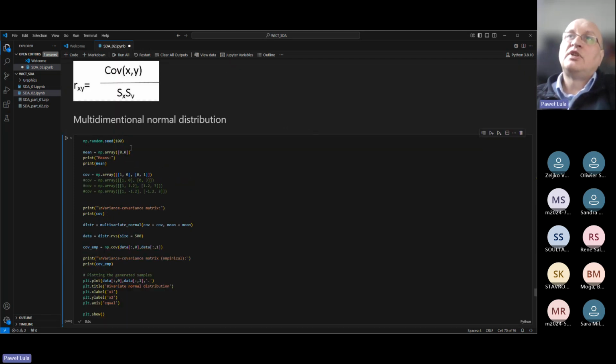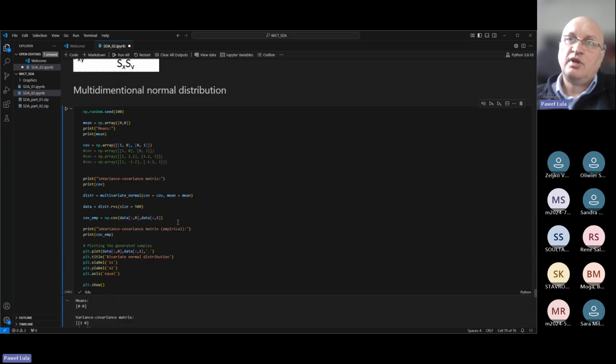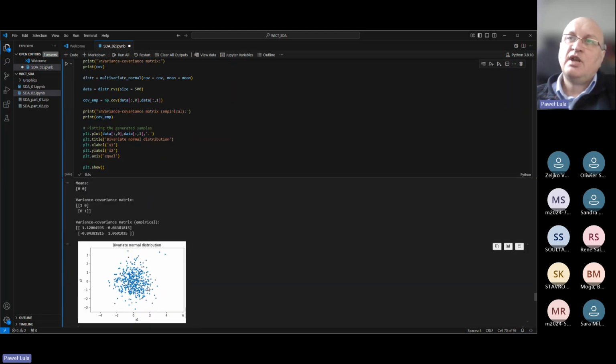Two-dimensional normal distribution means that every object is defined by two features, two attributes. These attributes are used here as coordinates for these points. Then we can say that every point represents one object.